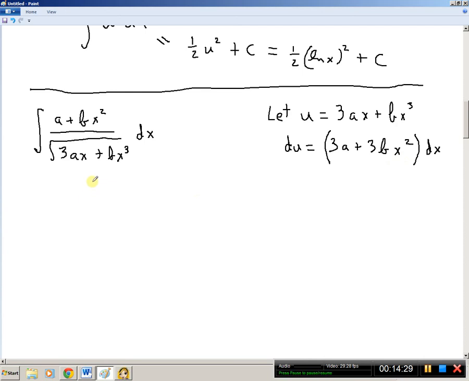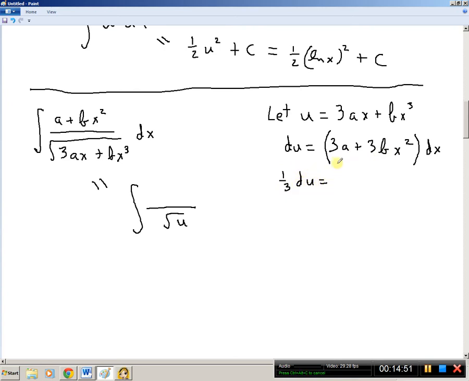Alright, so if you want to translate out that integral, you're going to have this stuff under the radical as just u. And then notice that the rest of that stuff, a plus bx squared dx, is, well, what is it? It's 1/3 of du, isn't it?